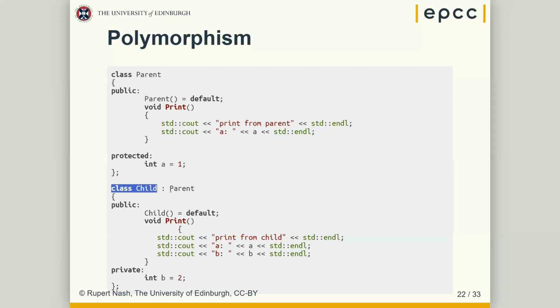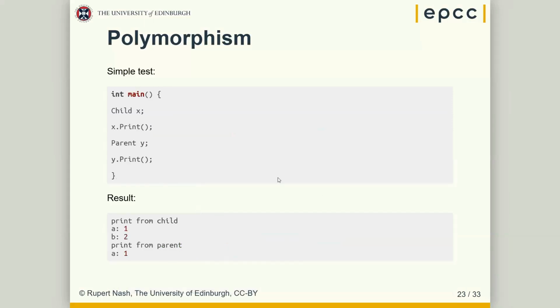I then have a child class, which inherits from parent, and it's going to have a different print function. This is going to be called print output from child to make it explicit, and it's going to print A and it's going to print B. There's a private B inside child. I'm going to have a simple test for this.